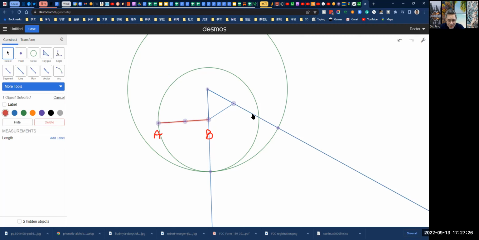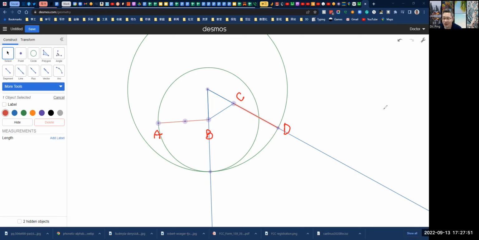And what we construct here, from here to here, the length of that will be exactly the same as AB. Okay. So we copy that to this point, and here is our D.